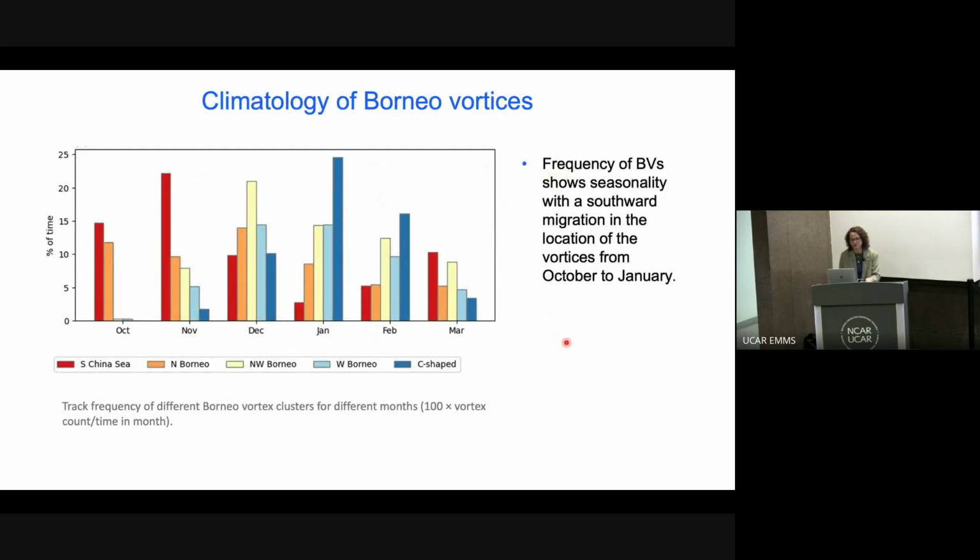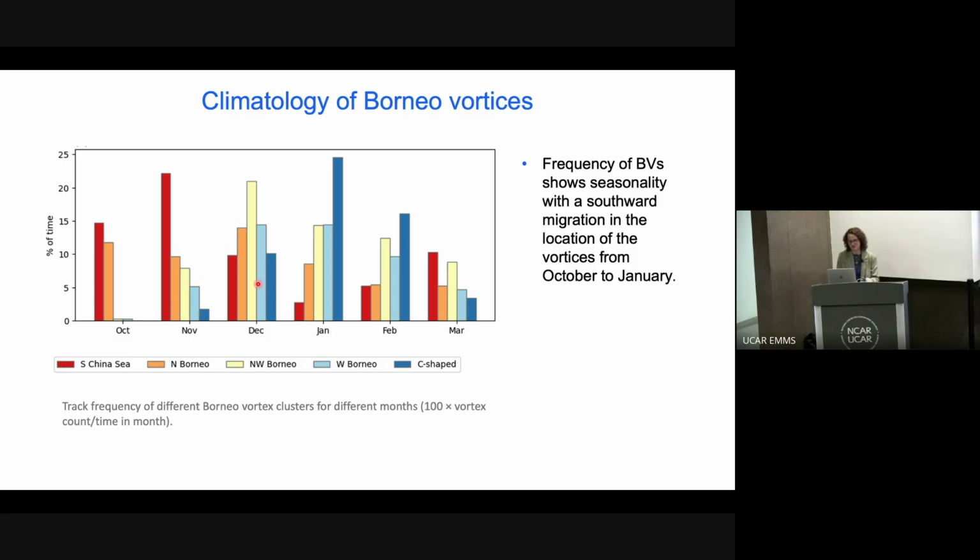But before we do this, we just want to look at the climatology of these. And you can see this here for October to March, and then plotted is the track frequency of the different vortex types. Early on in the season, we get a higher number of those South China Sea vortices, then their occurrence tails off during the season. They're peaking in November, we get an increase in the northwestern Borneo vortices, and then it's tailing off.